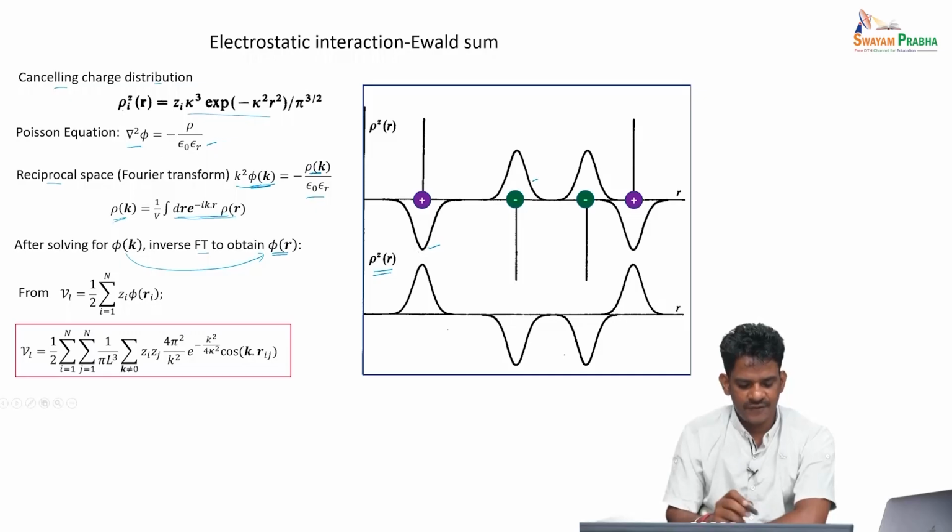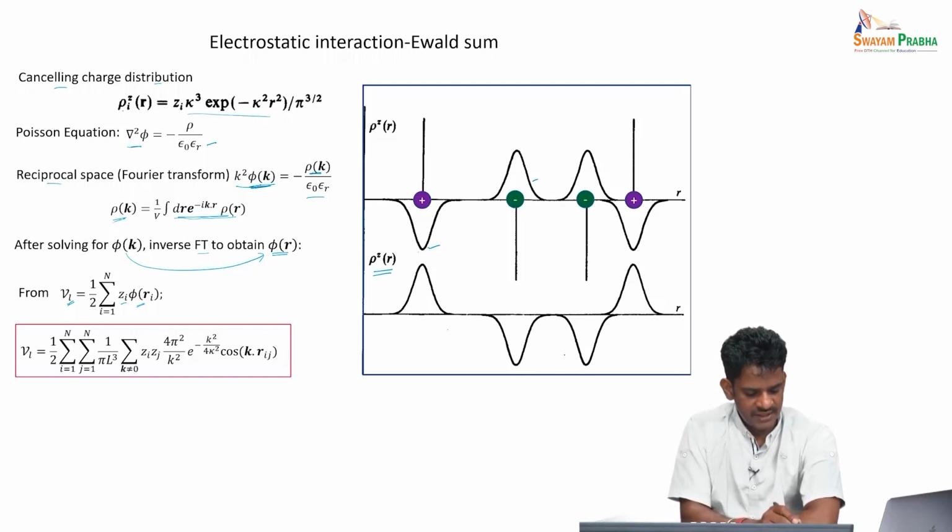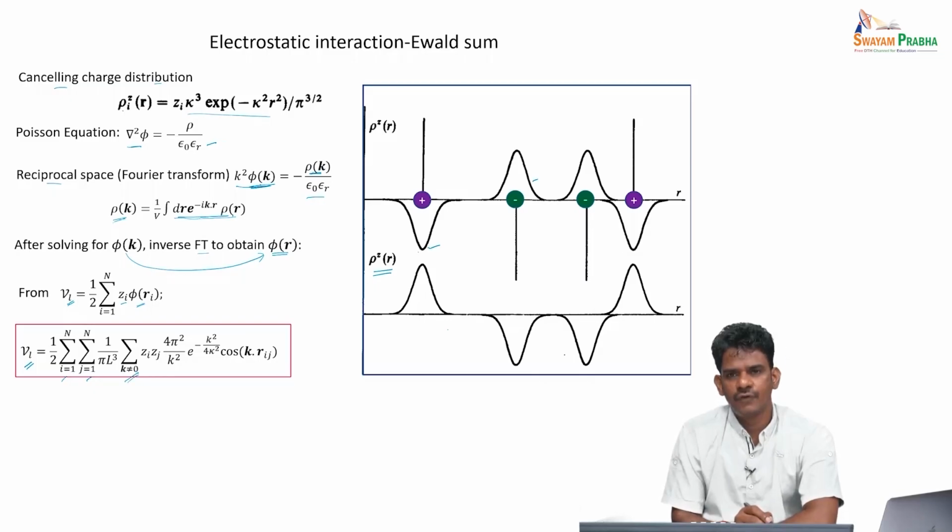Okay. So, once we have this approach, then we can find the long range contribution of the electrostatic interactions by summing over Zi times the potential. So, when you substitute for the potential after doing all these things, I am skipping all the mathematical derivation, showing only the results. You can see that the long range contribution because of the cancelling distribution is again a sum over i and j, and here we also sum over all the Fourier wave vectors.